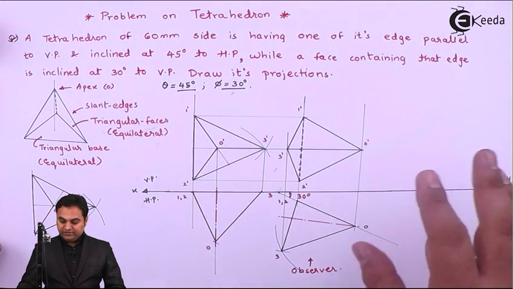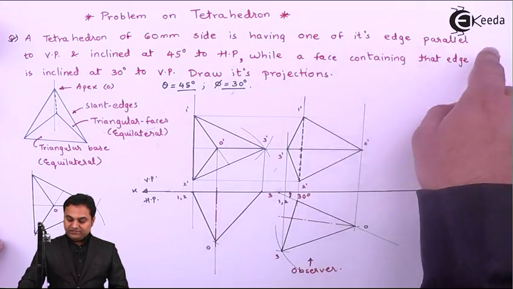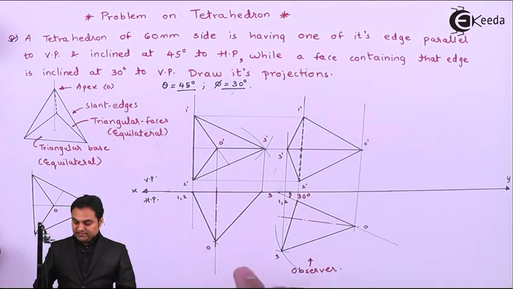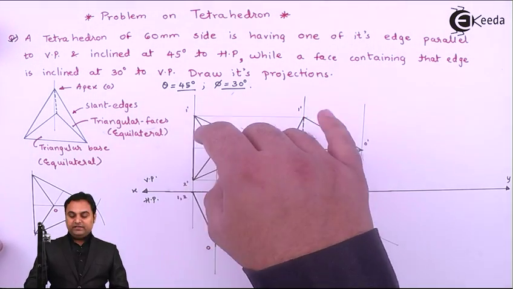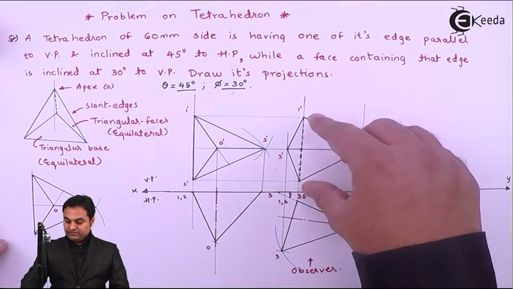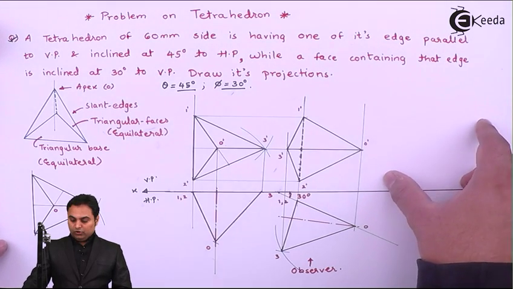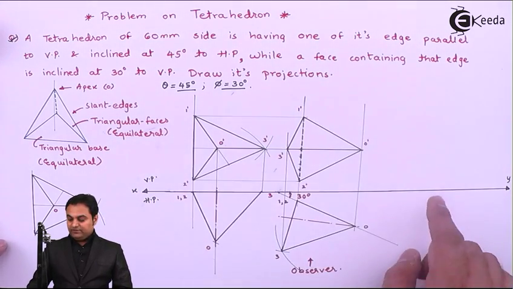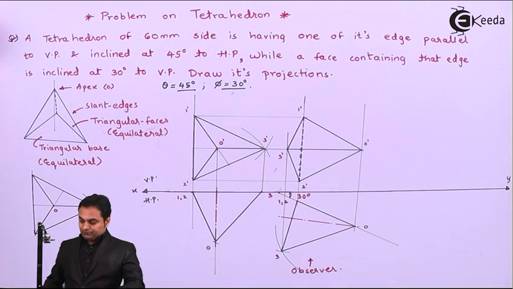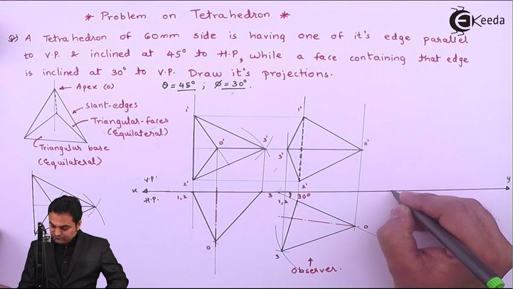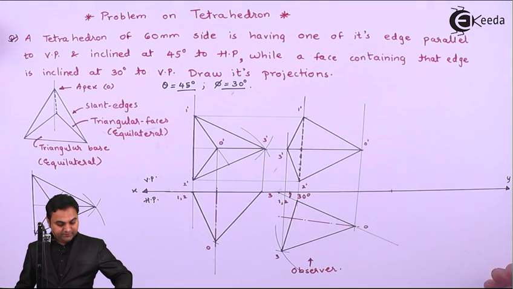Now in the third condition, it is given that one of its edges is parallel to VP and inclined at 45 degree to HP. So the same edge which was parallel to VP, that is 1 dash, 2 dash, will now be made inclined at 45 degree to HP, and that will be seen in VP. For that, I'll draw a light line inclined at 45 degree.